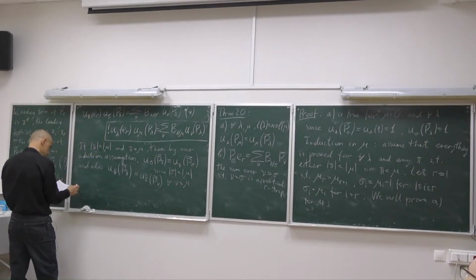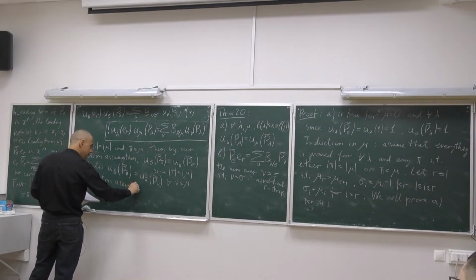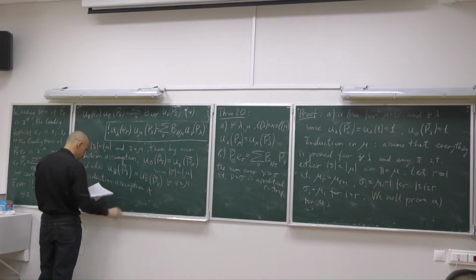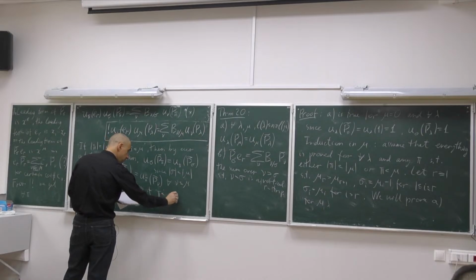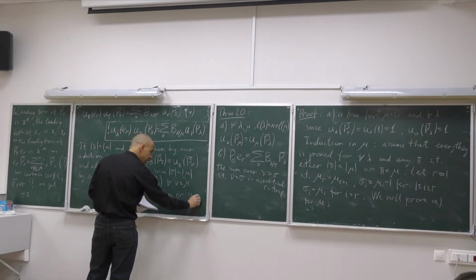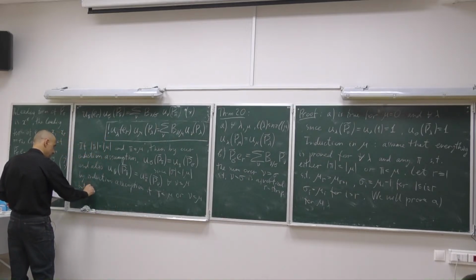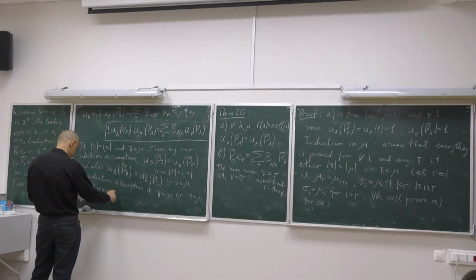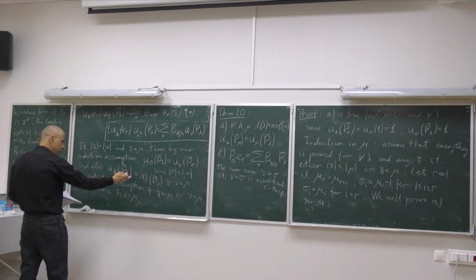Again, by induction assumption, for pi less than mu or nu less than mu. But otherwise, we must have pi equal mu, and then it's tautological.